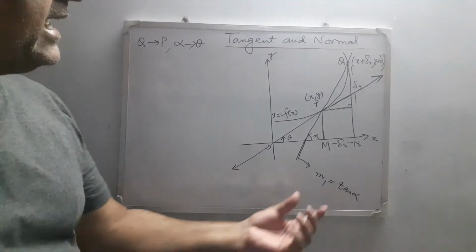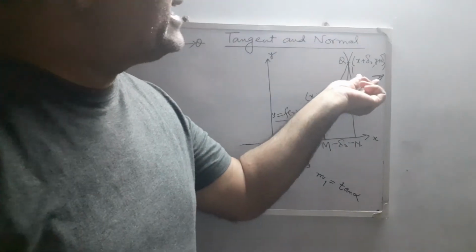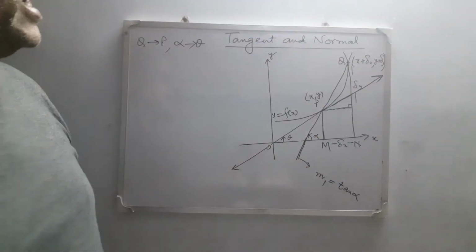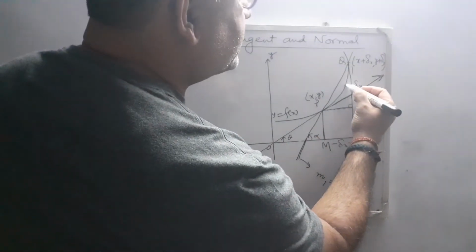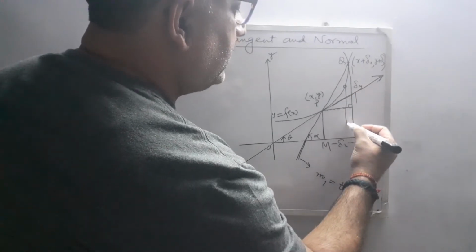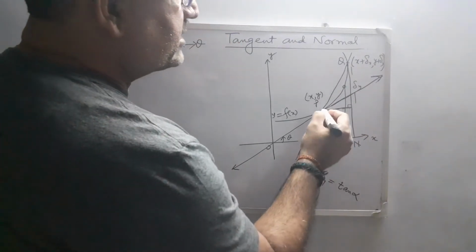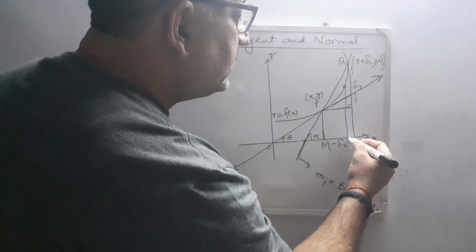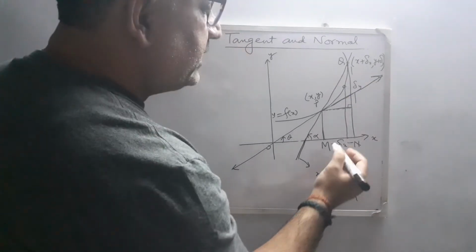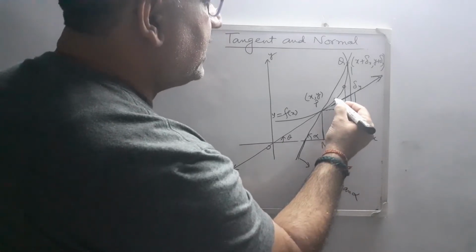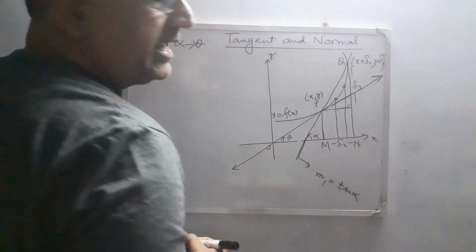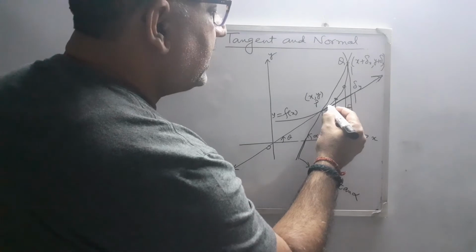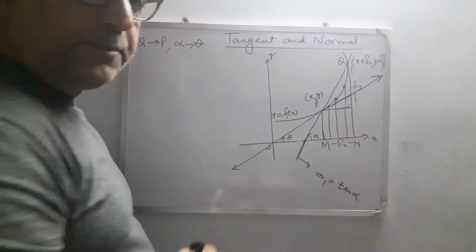Now what will be the impact on delta x as well as on delta y? You see here, suppose Q is here, then in that case if we drop a perpendicular, the shape of the secant is like this. Now this one is your y plus delta y. Now this delta x, again Q is here, this one is the length y plus delta y.